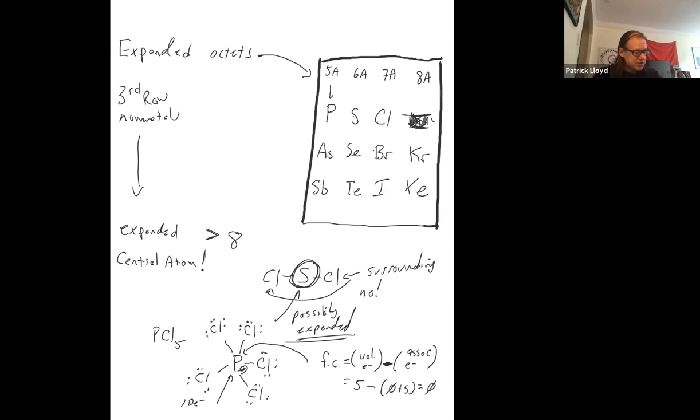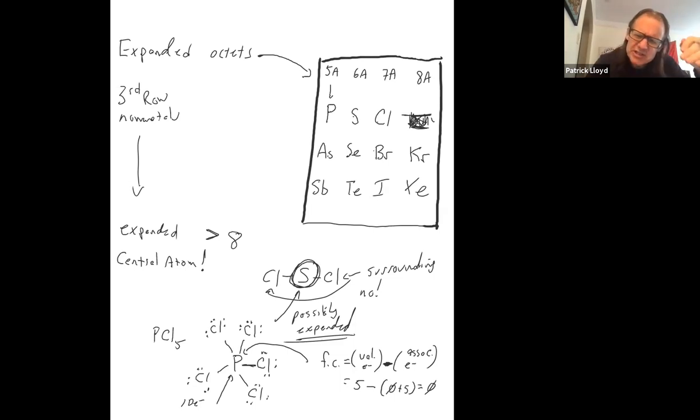So sometimes we justify the possibility of an expanded octet. You can also use that for electron deficient, but we justify it based on the idea that if you have an expanded octet, that gives you a formal charge of 0. So that's our primary justification for exceptions to the octet rule, is formal charge ends up being 0.